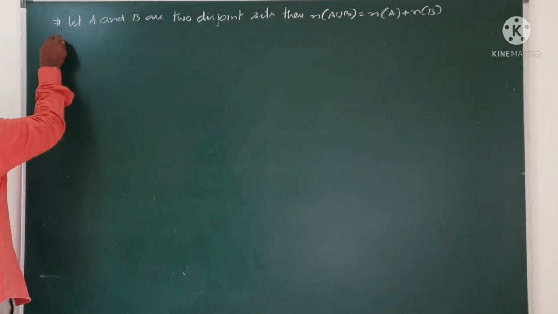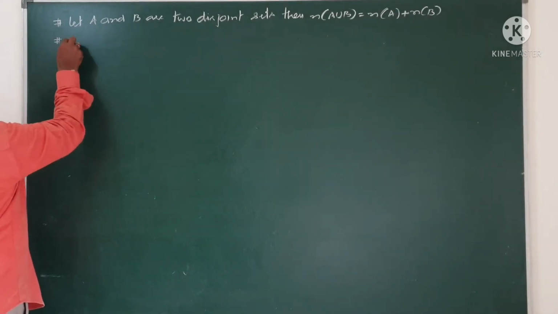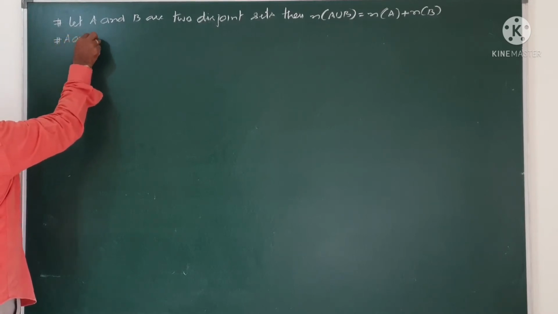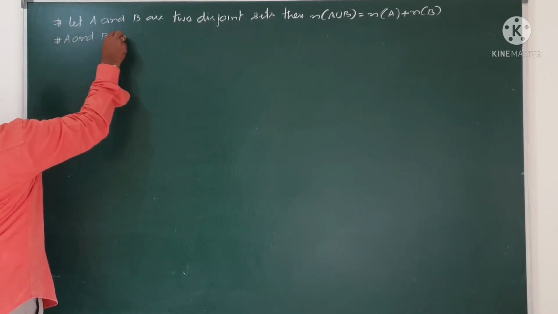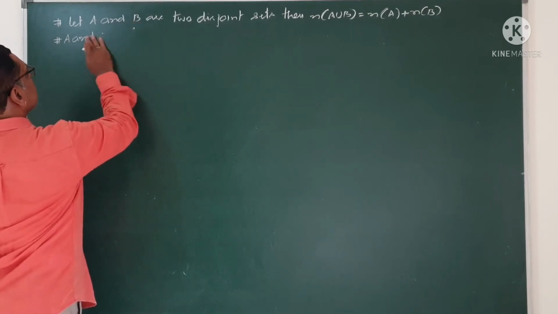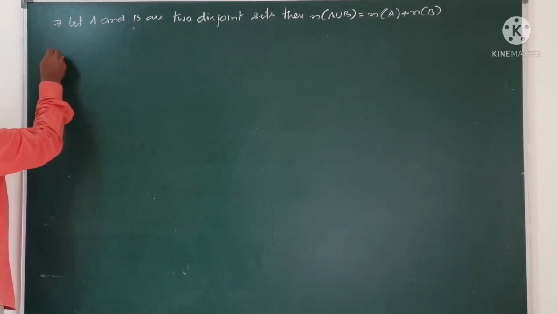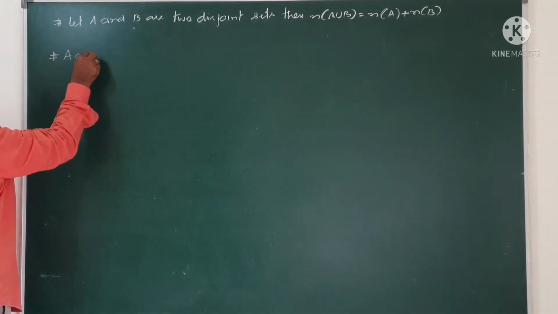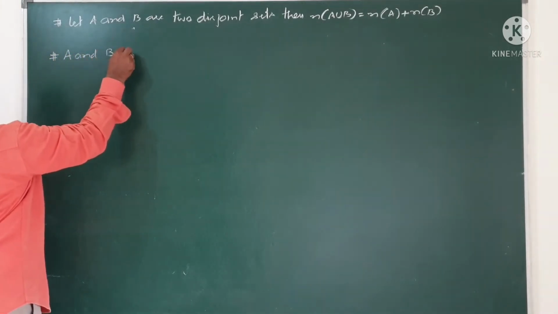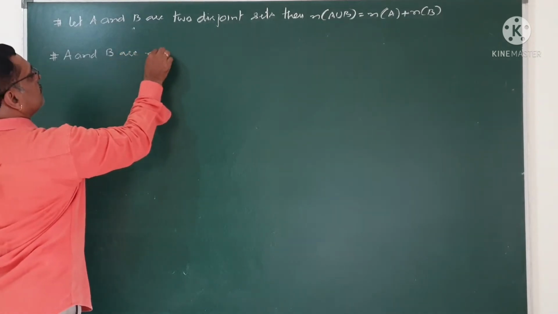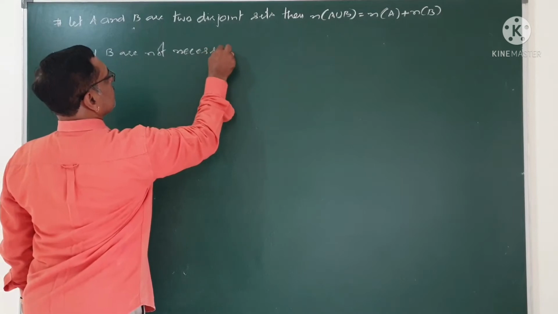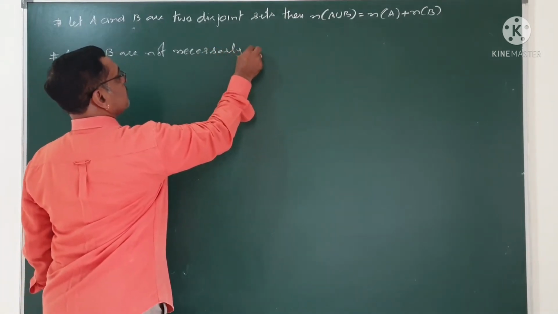Number two, A and B are not necessarily disjoint.